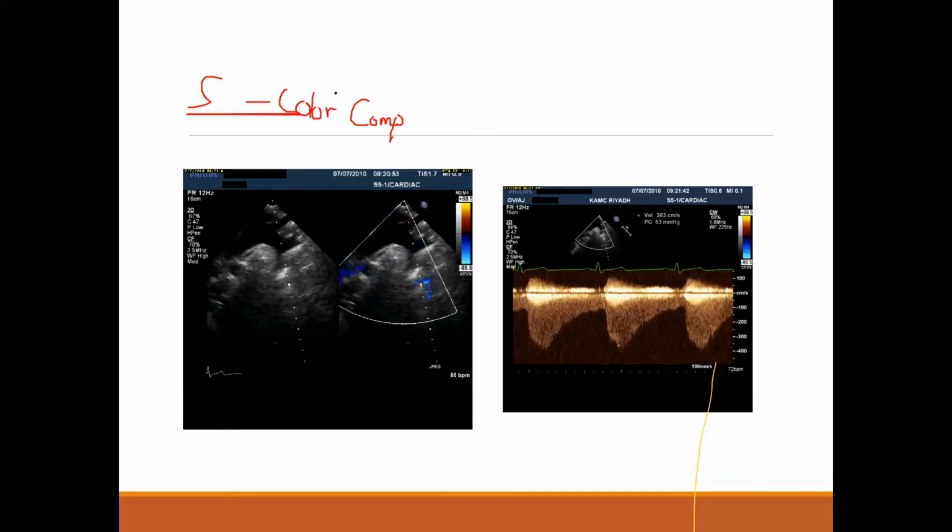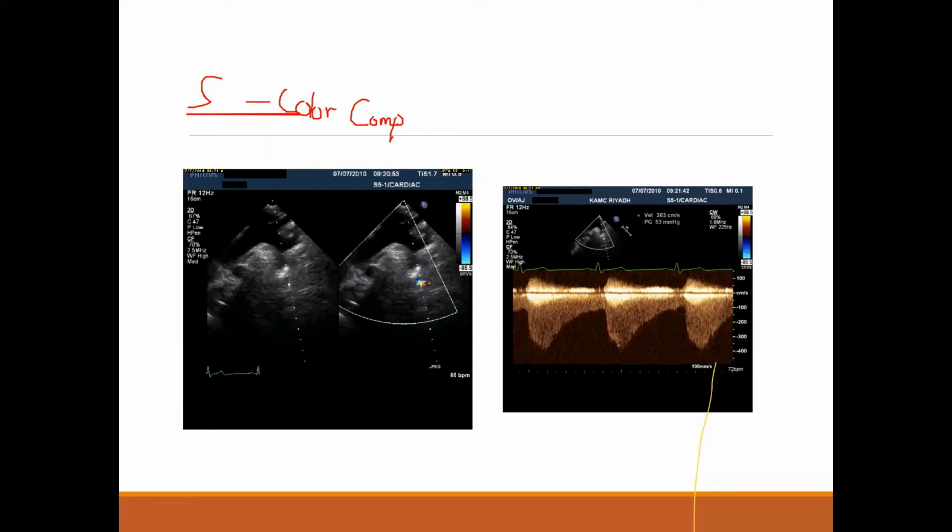When you click on color compare, you will have 2D and color side by side. So, because we are talking echocardiographically, this is called suprasternal color compare view. But if you say 2D with and without color, it's definitely right. Okay, so now what are we seeing?